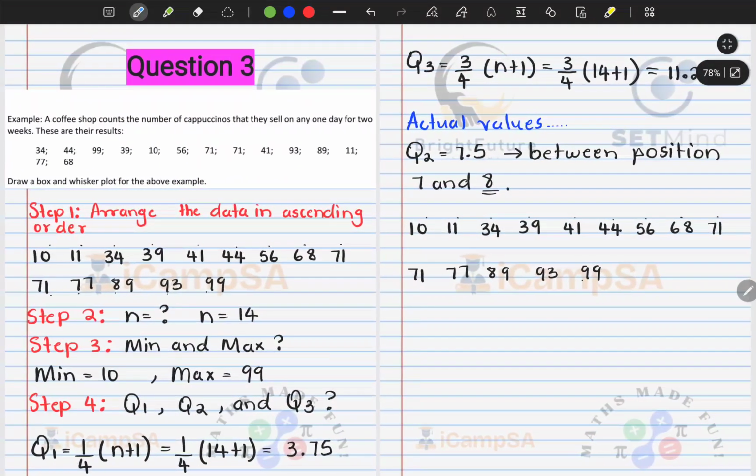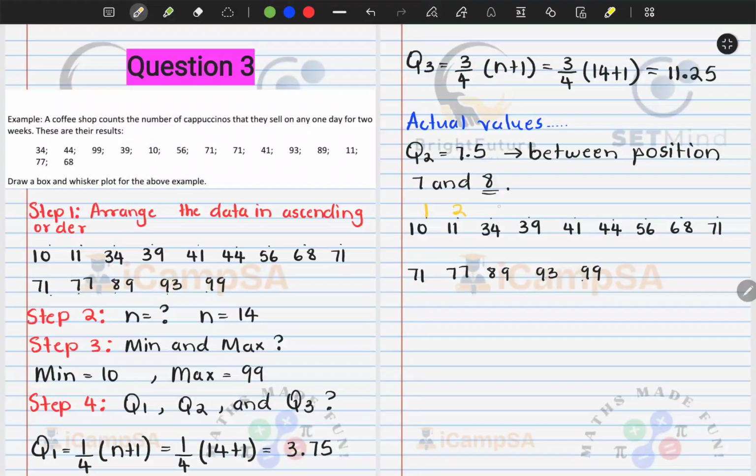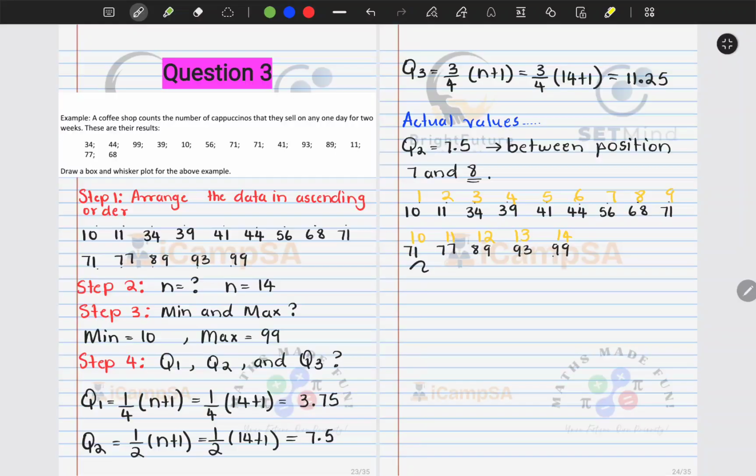Okay. So what we are going to have is the following. So we are going to have 1, 2, 3, 4, 5, 6, 7, 8, 9, 10, 11, 12, 13, and 14.